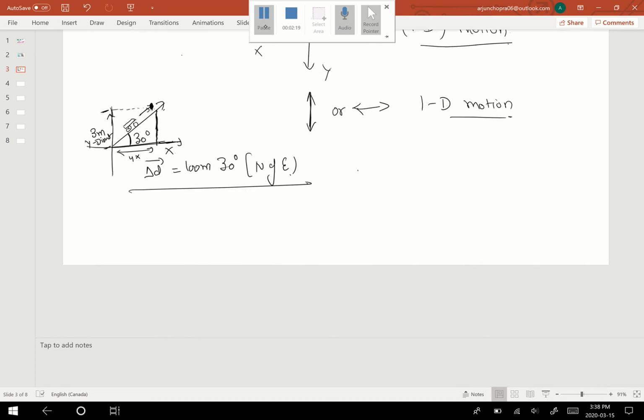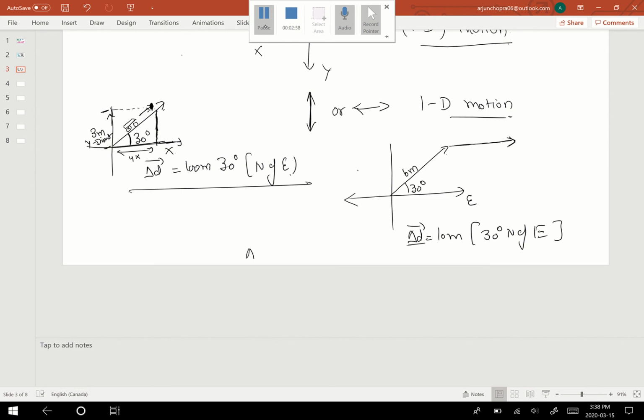Now, if I'm going to make the situation a little complicated, say a car covers 10 meters at an angle of 30 degrees with respect to the east direction, so 10 meters 30 degrees north of east. That's the car's initial displacement, delta D. And then the car all of a sudden starts moving along the x-axis.